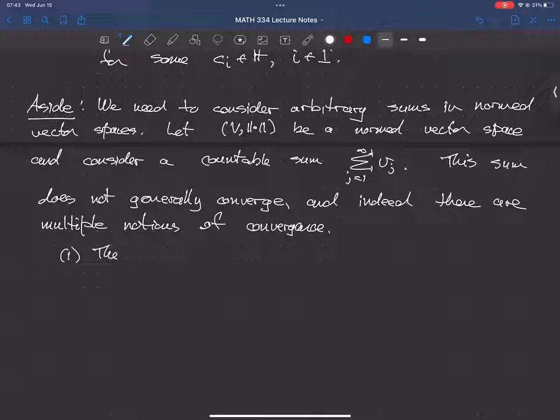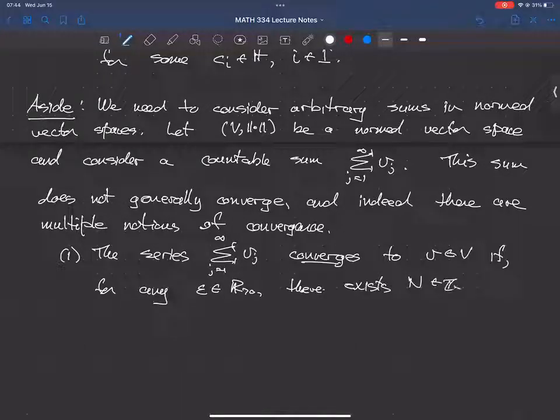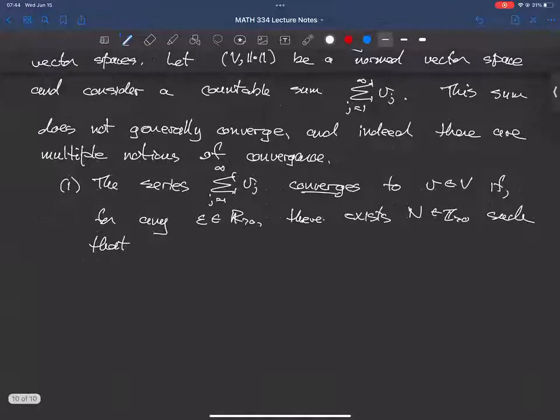Right, so the series, or the sum, converges, just plain converges, if, so it converges to a vector v if for any epsilon there exists n such that the kth partial sum for any k larger than n is within epsilon of v.